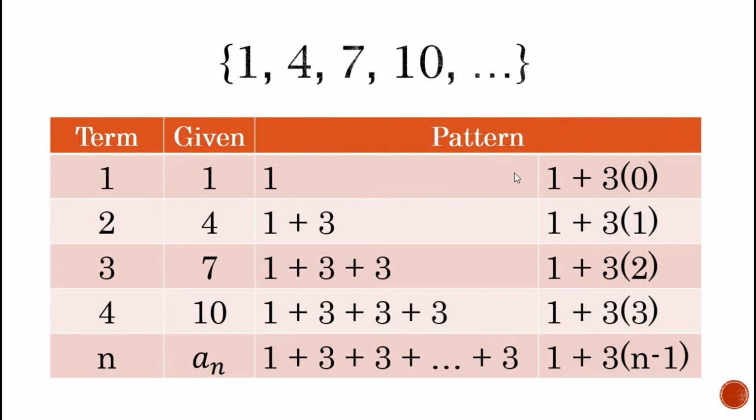So, since this sequence is an infinite sequence, we have the nth term given by a sub n. So, that is 1 plus 3 plus 3 plus 3. And that will give us 1 plus 3 times n minus 1, where n here is the number of term.